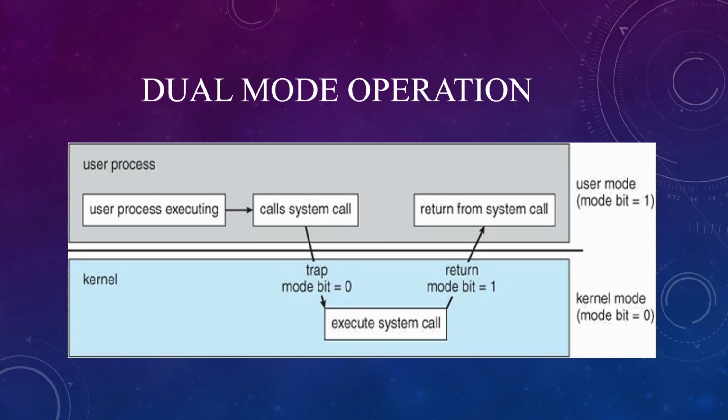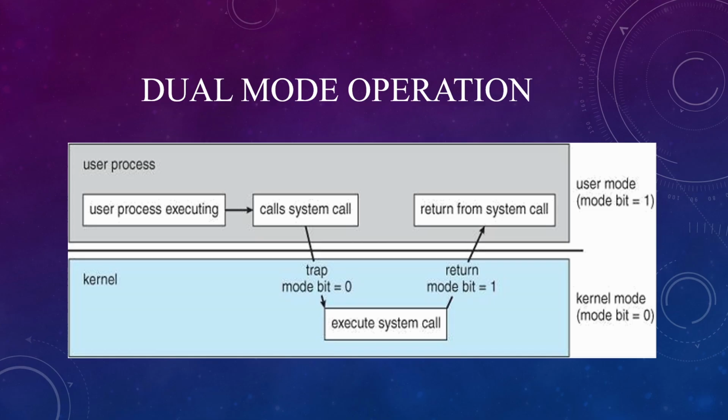At some point, the user process needs to request a service from the operating system, like accessing a file or memory. This is done using a system call. If a trap occurs, this is a software triggered interrupt that tells the OS to take control. The mode bit is set to 0, switching the system into kernel mode.